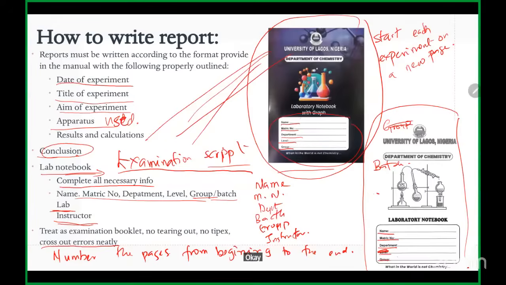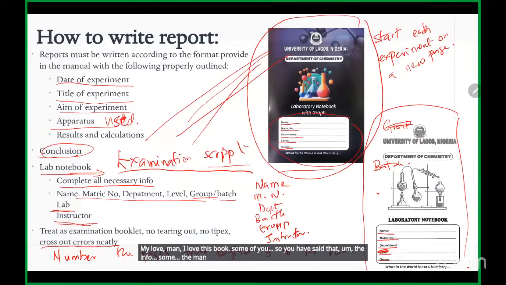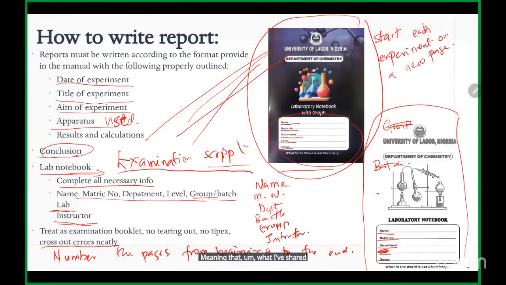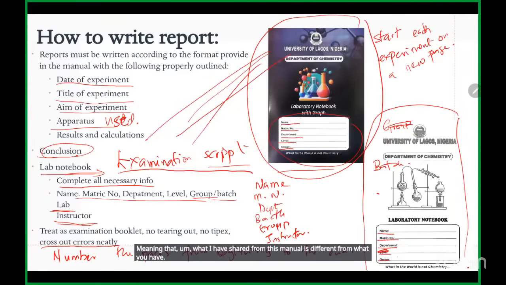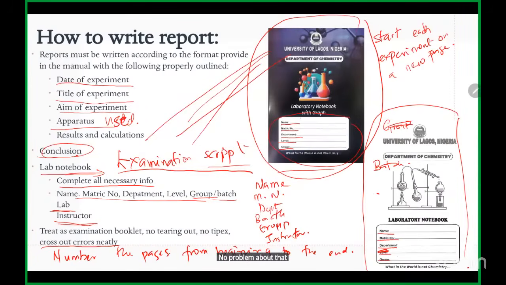Okay, all right. So to recap: lab manual, lab notebook. Some of you have said that the manual seems to be slightly different, meaning that what I've shared from this manual is different from what you have. No problem about that. I will share that page with you online so that you can answer it.